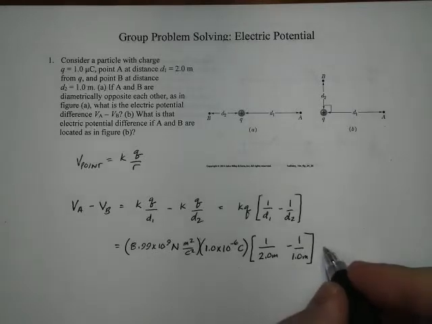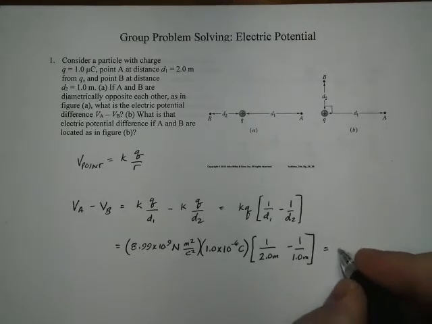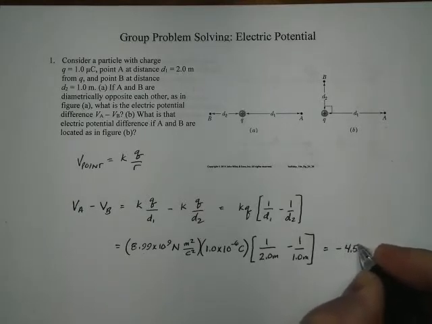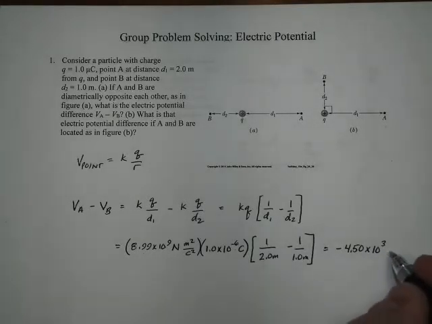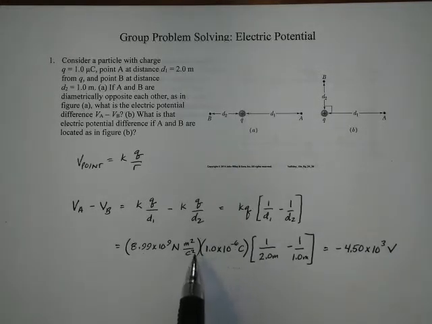And that makes our final answer negative 4.5 times 10 to the 3rd. And the units here are going to be volts. It's not obvious necessarily looking at this, but a coulomb is going to cancel one of these coulombs.